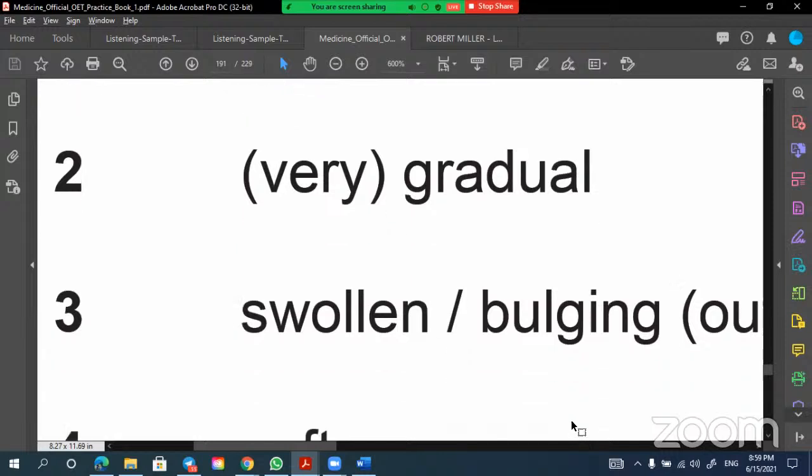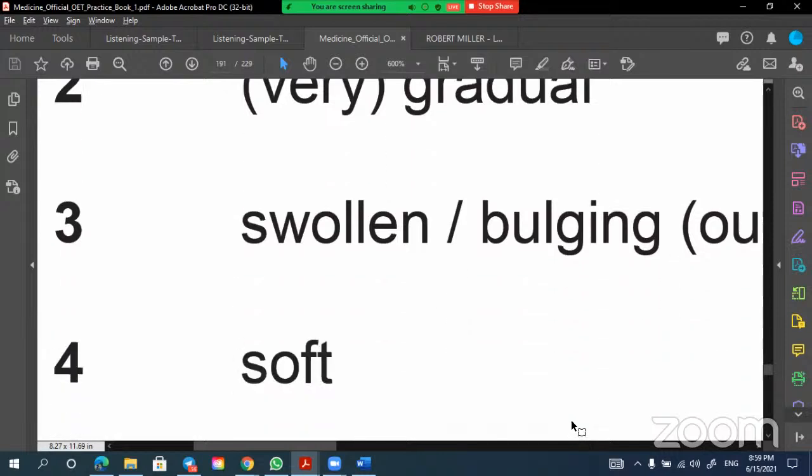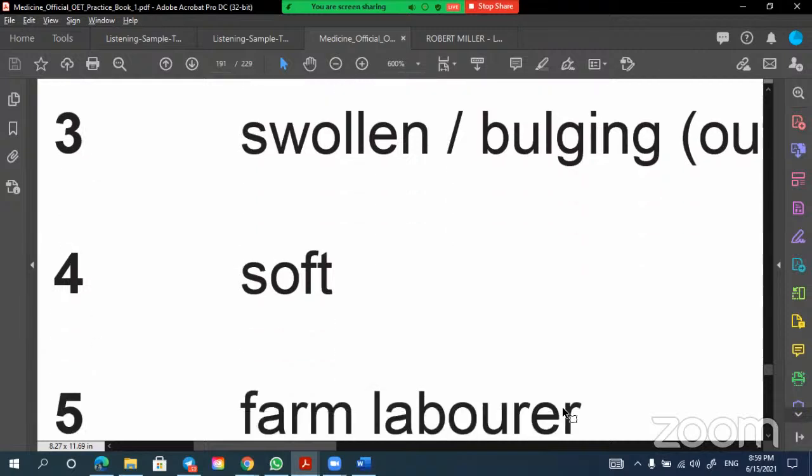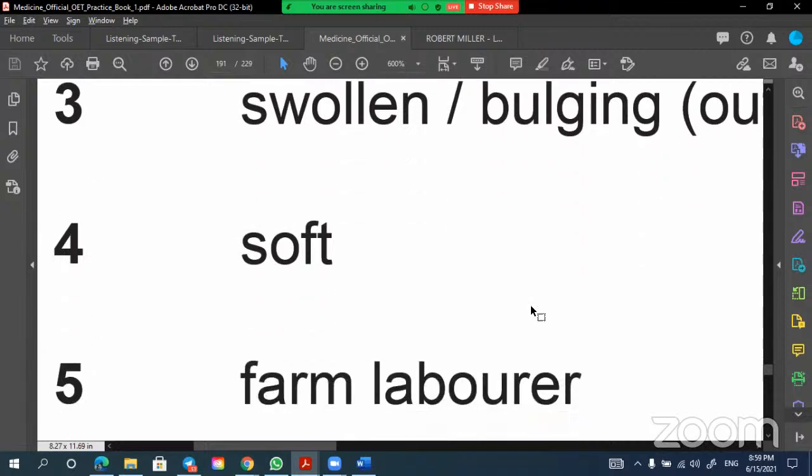Next, number 4. It is soft. Next one, farm laborer.